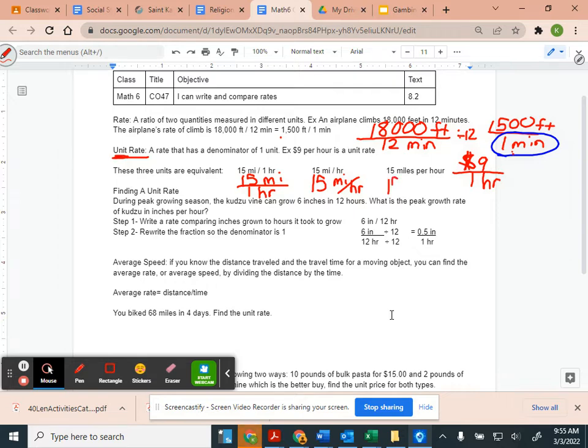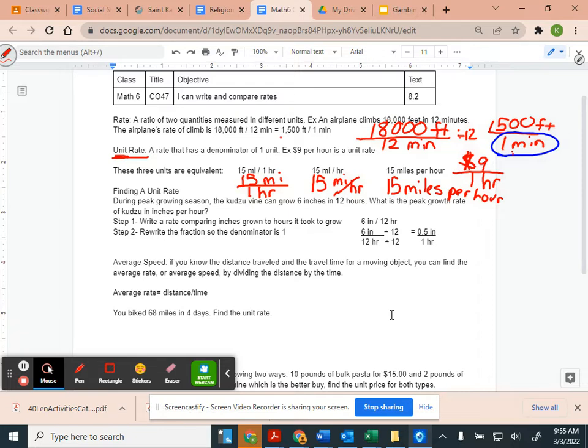And it's the same as writing it all out, 15 miles per hour. They all mean the same unit rate. So you could have the 15 over the 1, but we know 15 divided by 1 is 15, right? We know with that 1 on the bottom, we could just say 15 miles per hour. So it's important that we have that miles per hour.